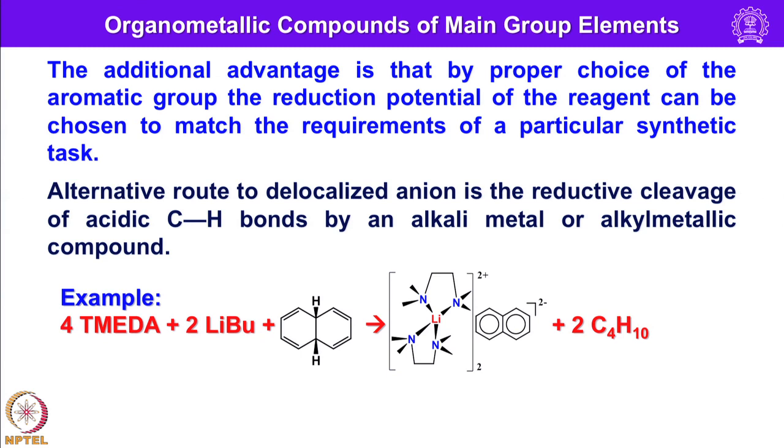An alternate route to delocalize the anion is the reductive cleavage of acidic CH bonds by an alkali metal or alkyl metallic compound. So, here you can see butyl lithium treated with 4 equivalents of TMEDA. In presence of naphthalide, it forms a compound of this type. So, one can also conveniently use this as a source of lithium.